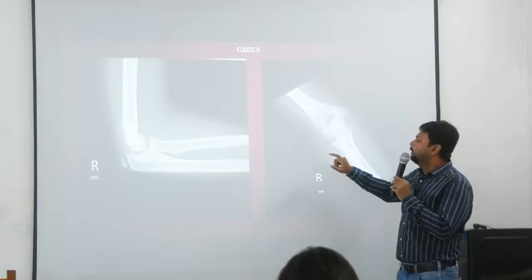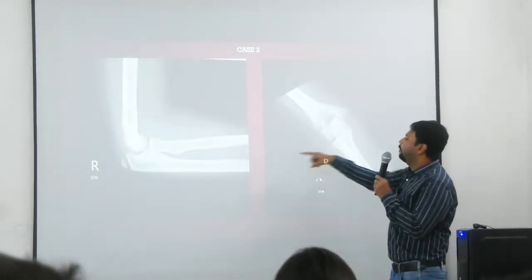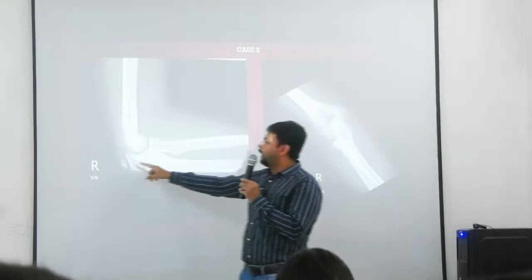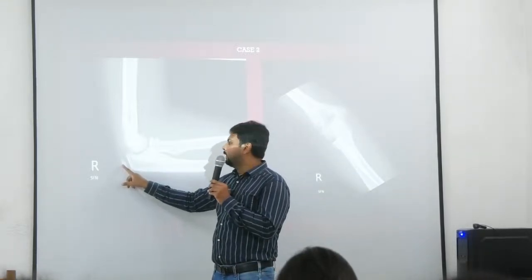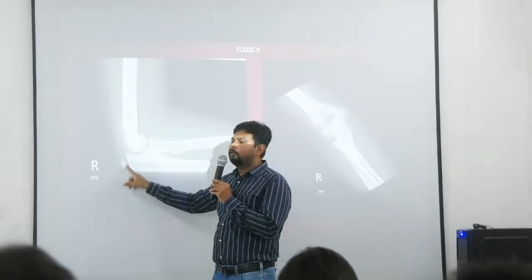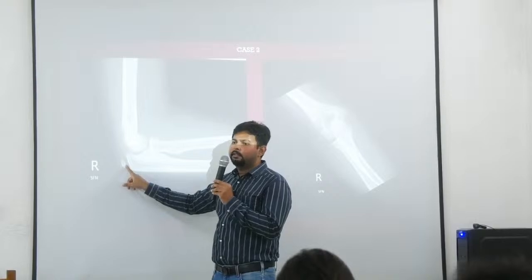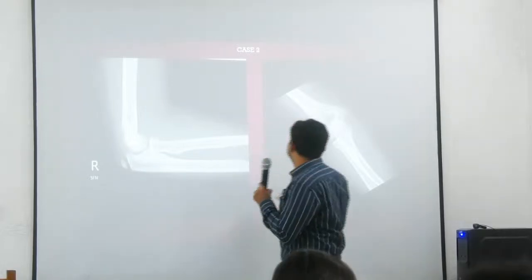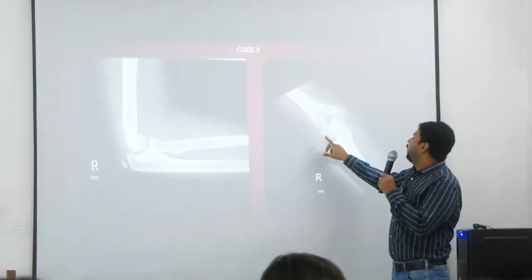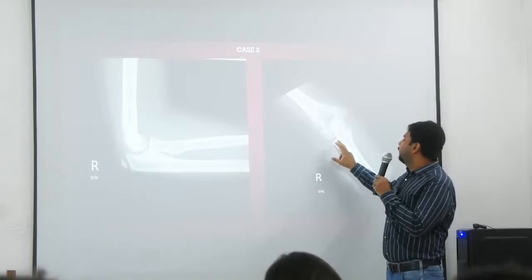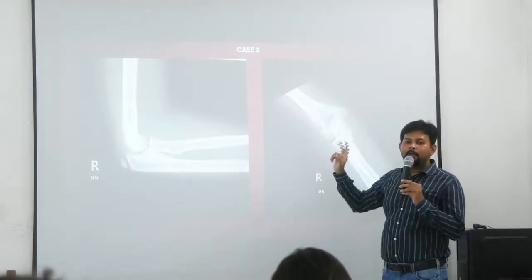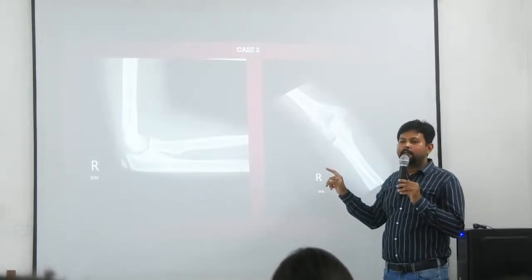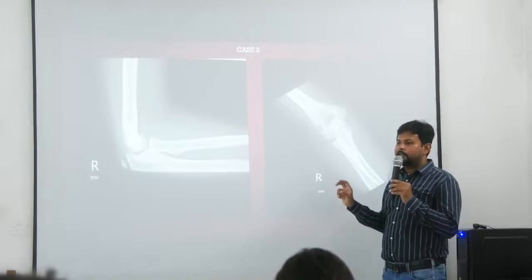And the tip of olecranon process has appeared at 9 years, okay, not fused. When does it fuse? 14, right, 15, okay. So the age would be above 10, below 14.